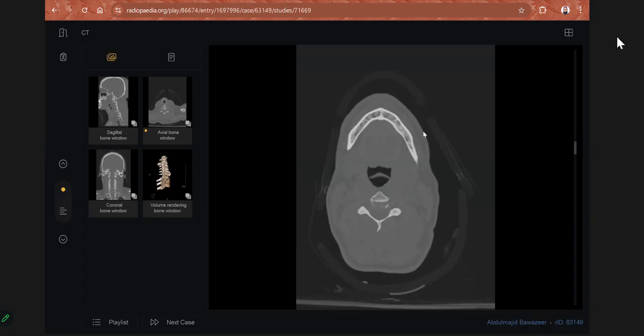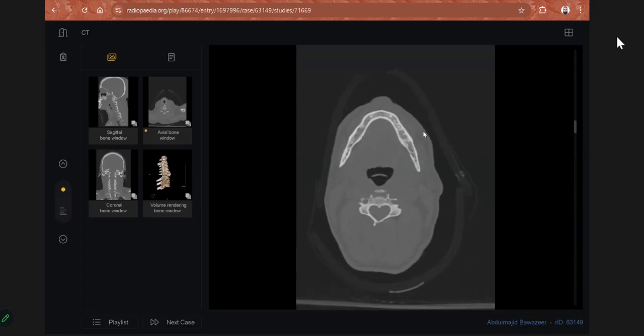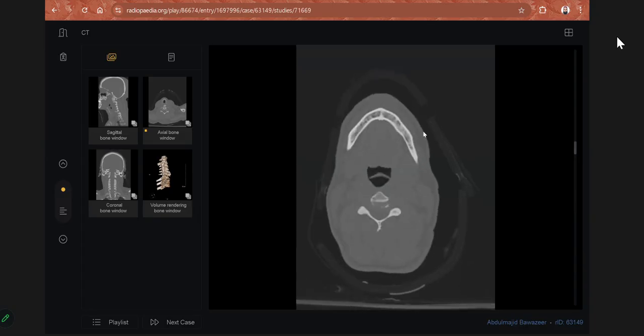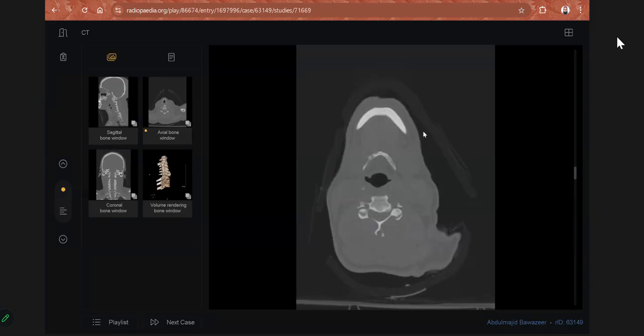Sir, on these axial images, I could not see any obvious injury to the facet joints. I would like to see the lateral view. Can I have the lateral view? I think that there is some inverted hamburger sign at this level, but I cannot accurately delineate the level.